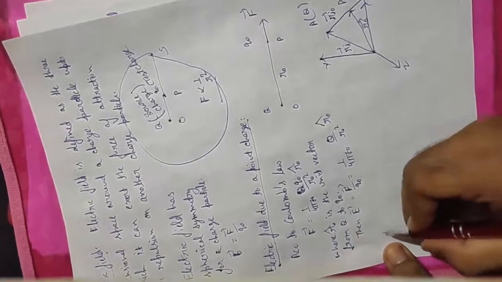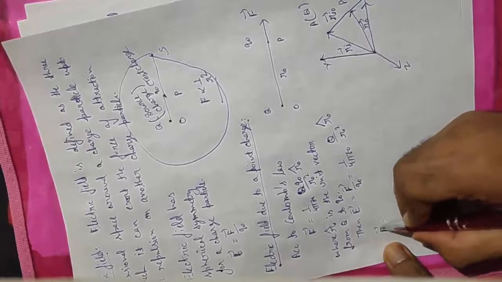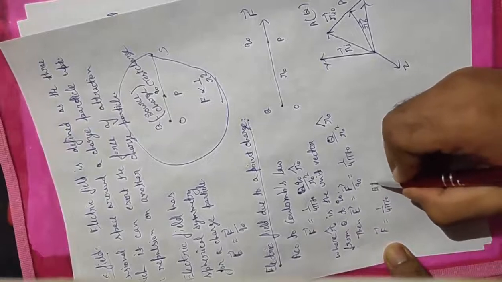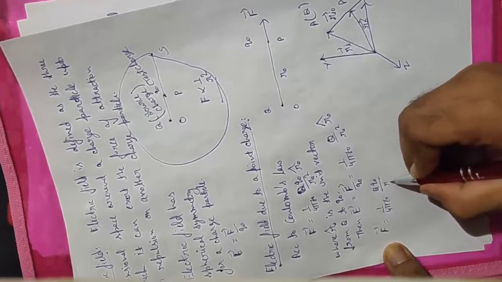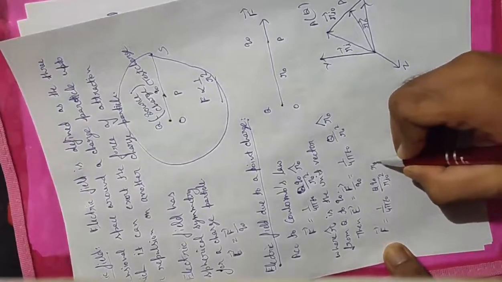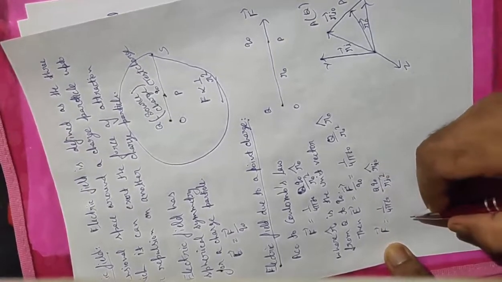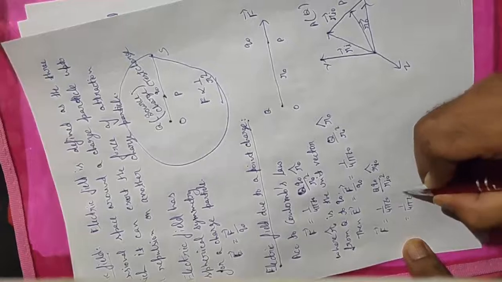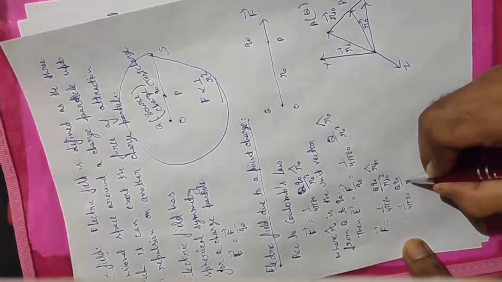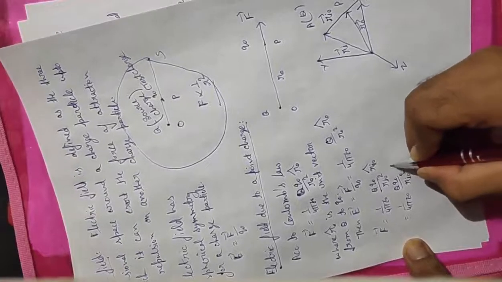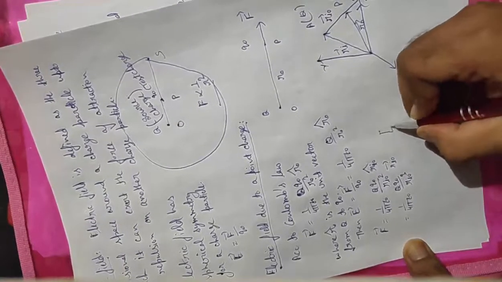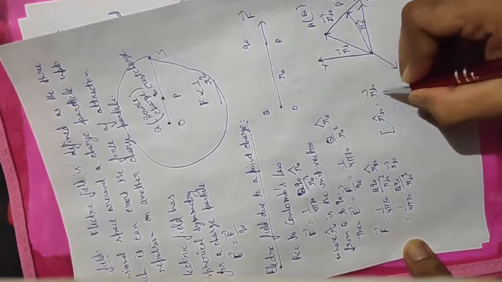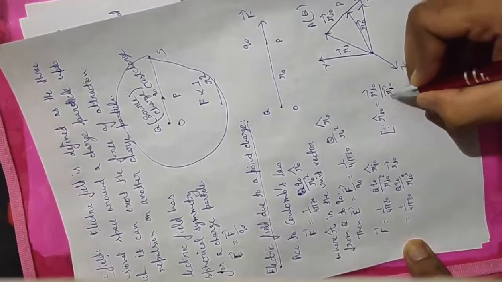Then F is equal to 1 by 4 pi epsilon naught, q q naught divided by r i naught square, r i naught cap. You can represent it in another form also, that is 1 by 4 pi epsilon naught, q q naught divided by r i naught cube, r i naught vector, because r i naught cap is equal to r i naught vector divided by r i naught vector, its mode.